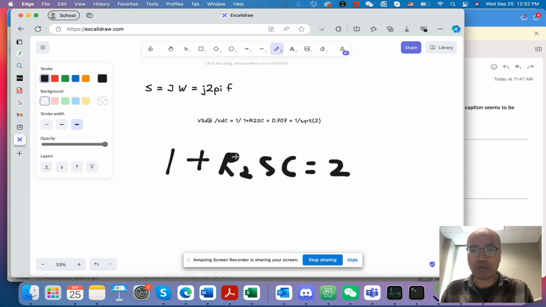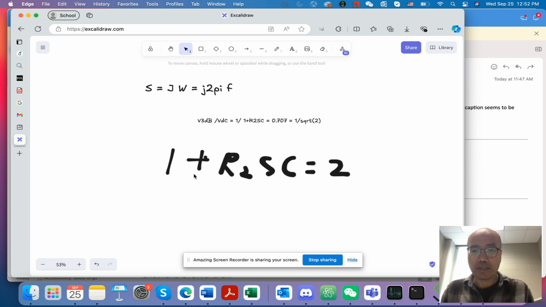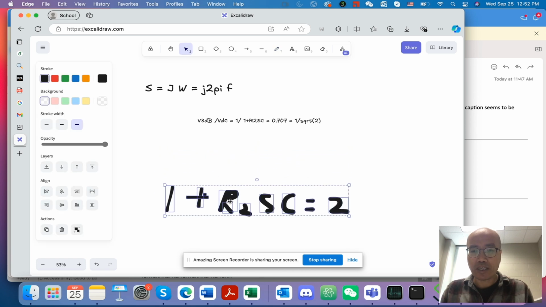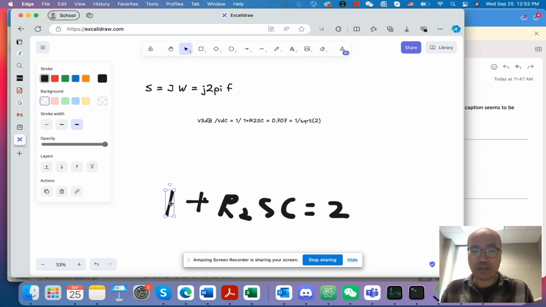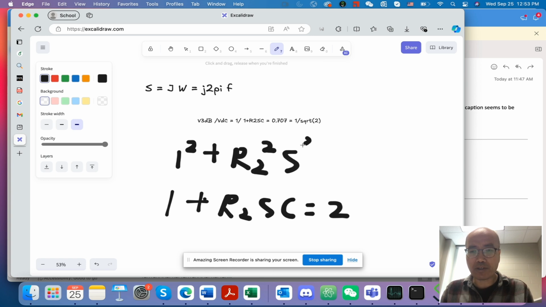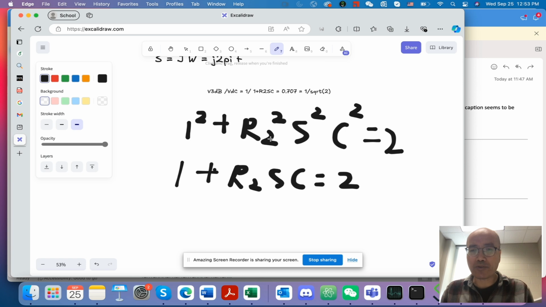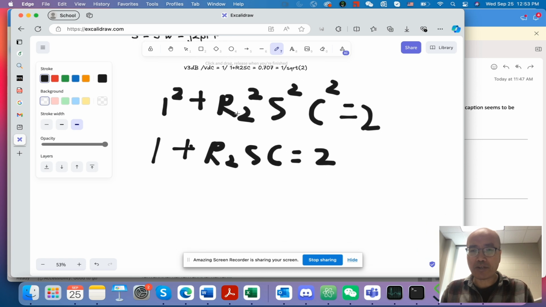Because we know the imaginary part, so this one should be 1 squared plus R2 squared S squared C squared equal to 2, right? You see what I mean? Apparently R2SC equals 1, right?